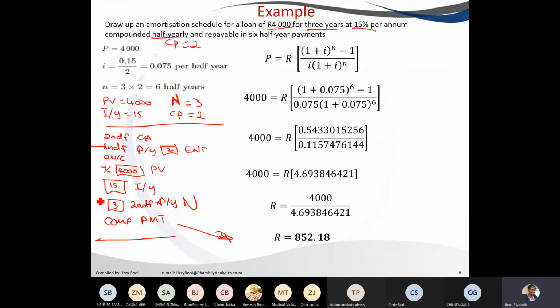If you didn't do the steps, quickly do them so that on your calculator you have the answer of 852. And once you have that answer, you press the on and off button for now because we're not going to use it. We will use it later on.